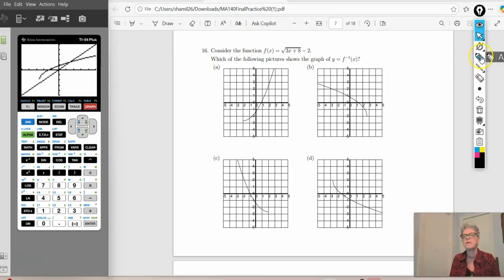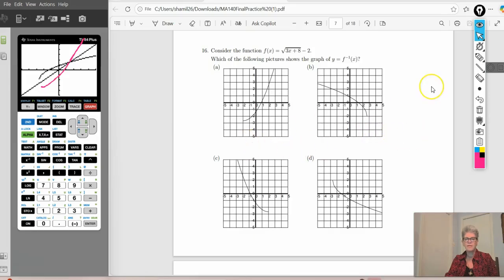But if that's a mirror, then this part of the line, its reflection over here, would look something like that. And then this part of the graph, if that line is a mirror, I would expect its reflection to look something like that. Okay, so what's in red there is the inverse.